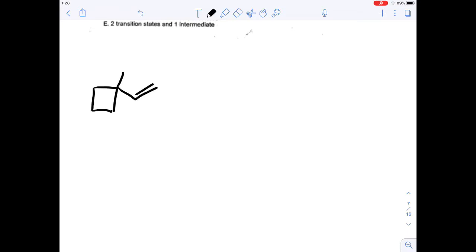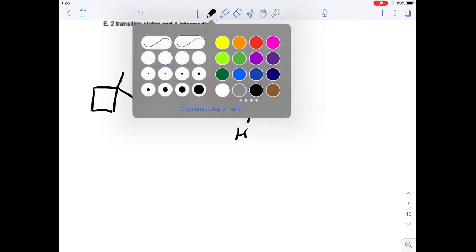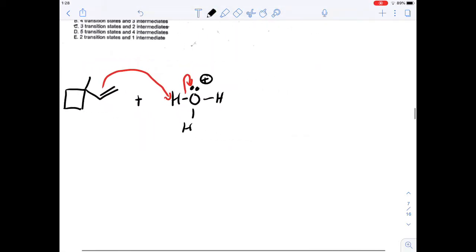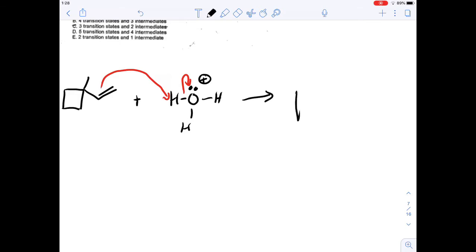So you start off with this molecule and the double bond, and the first step is going to involve the acid, and the electrons from the double bond are going to come and pull off a proton. That is going to protonate the less substituted side, leaving your carbocation on the more substituted side.